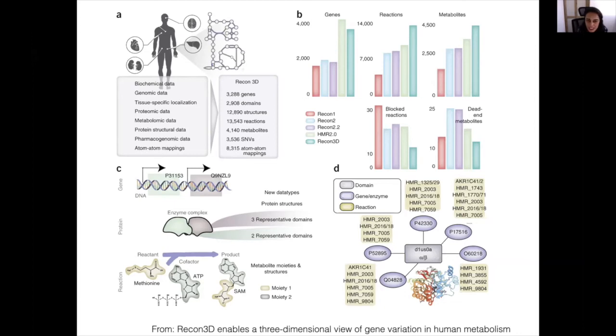The relationships between genes, the proteins they encode, and the reactions those proteins catalyze, such as GPR reactions, are now described in the context of their specific 3D configurations, interactions, and properties. New data types include representative structural domains of proteins, metabolite structures along with their conserved moieties, and also atom-atom mappings.